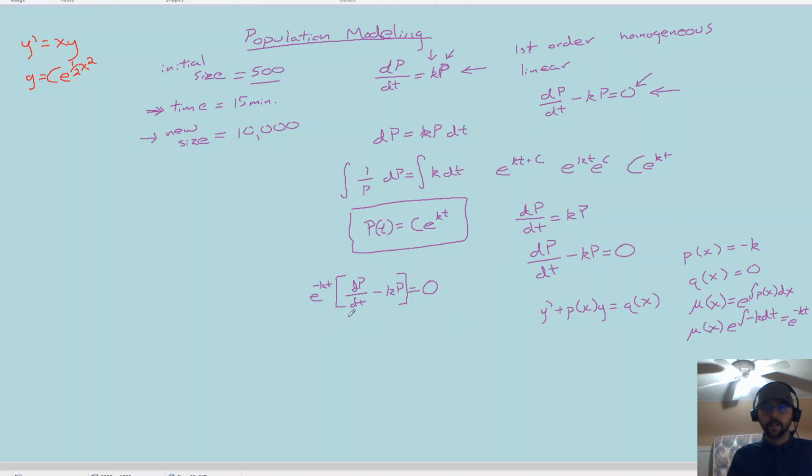So then for this side, if I have this right, because it's intentionally chosen that you use this formula to come up with your integrating factor, the end result should just be P, whatever your independent variable is, times the integrating factor e to the negative kt equals 0.